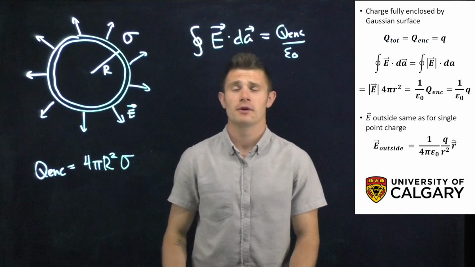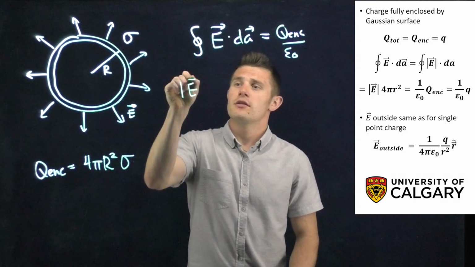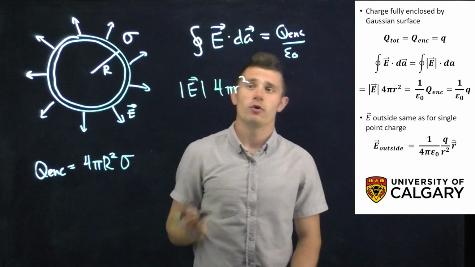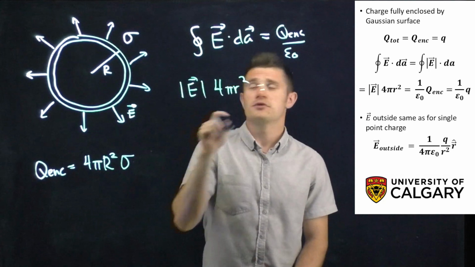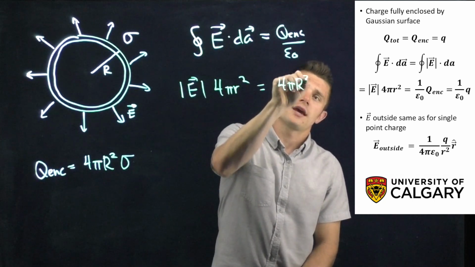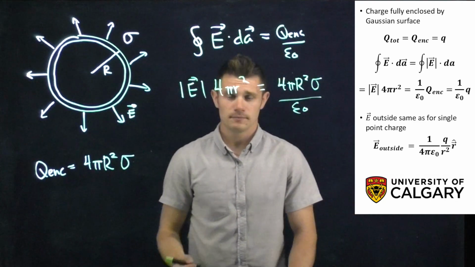Let's put everything together. So we found that the left-hand side of our equation simplifies down to the magnitude of the electric field multiplied by 4 pi R squared, which is equal to our enclosed charge, which we found over here, 4 pi capital R squared sigma, over the constant epsilon naught.